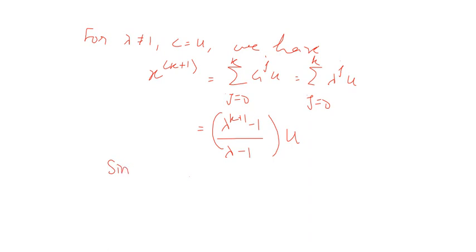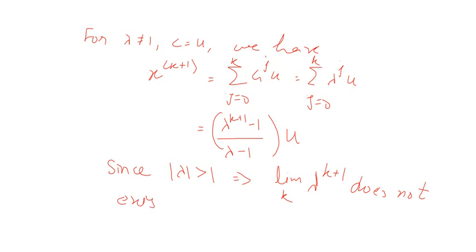Since mod lambda is greater than or equal to 1, the limit of lambda^{k+1} does not exist, and this implies the limit of x_k does not exist.